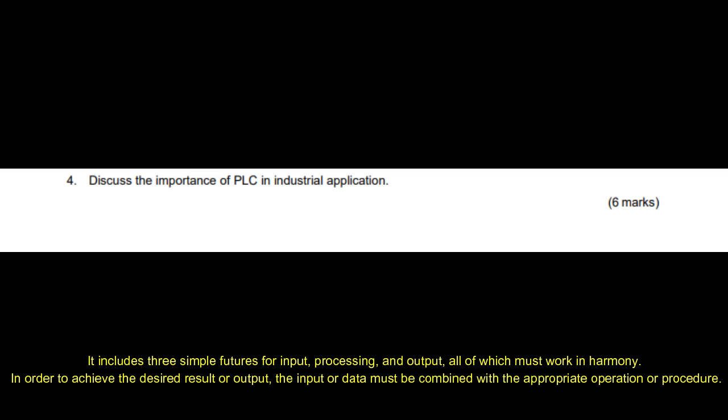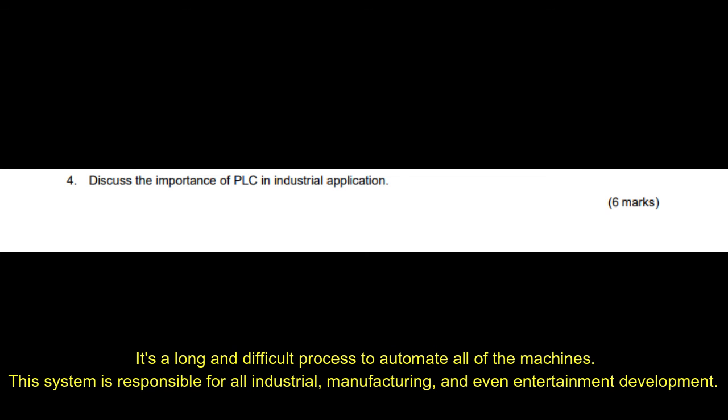It includes three simple features: input, processing, and output, all of which must work in harmony. In order to achieve the desired result or output, the input or data must combine with the appropriate operation or procedure. It's a long and difficult process to automate all of the machines.